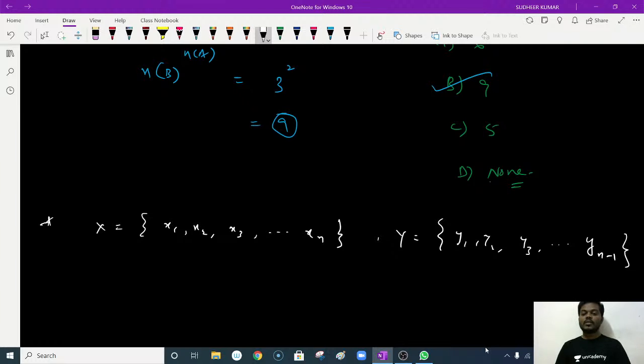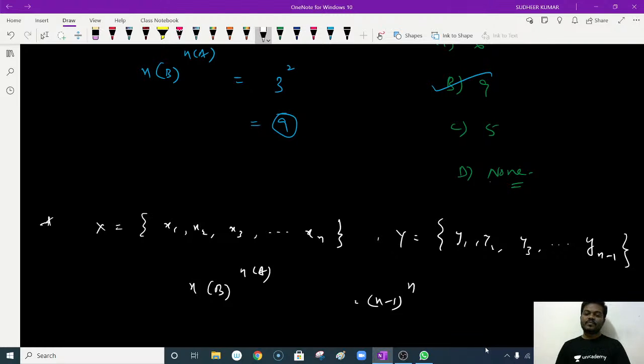Which is the correct answer now? As per the formula, n(B) to the power of n(A), we can take (n-1) to the power of n, right?